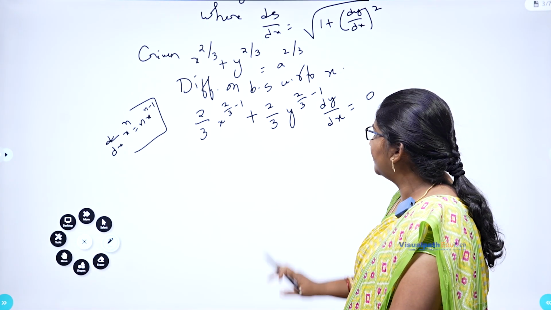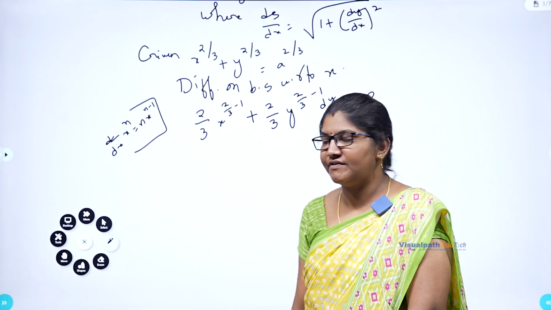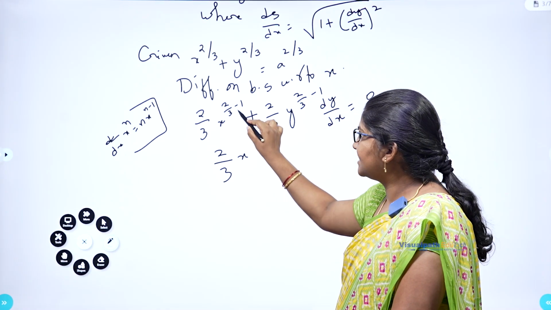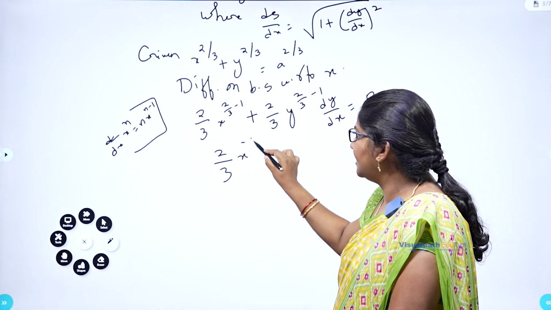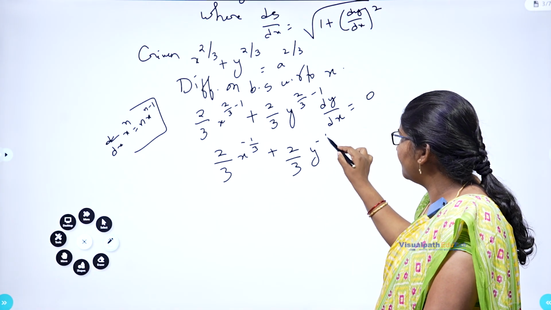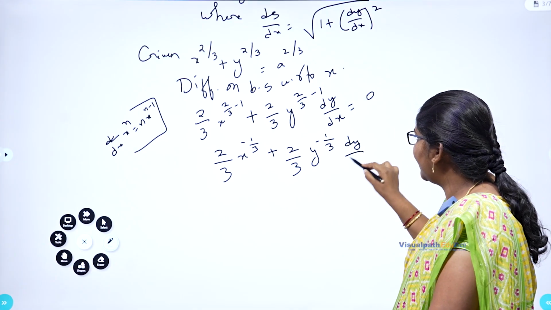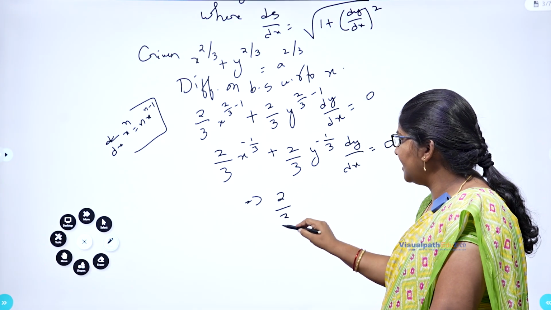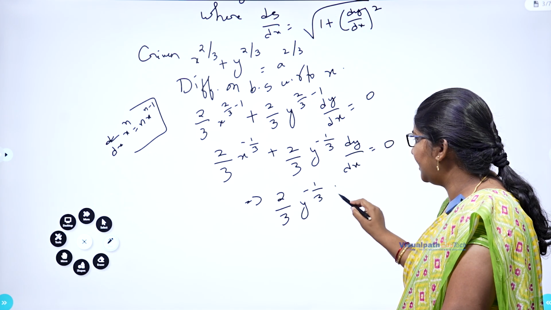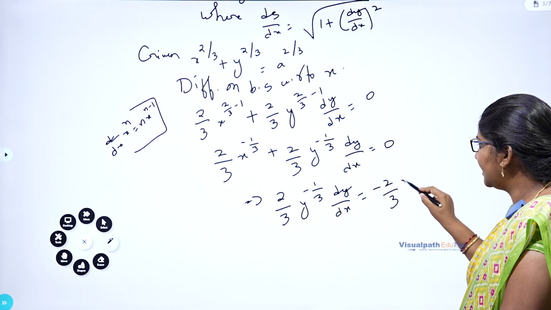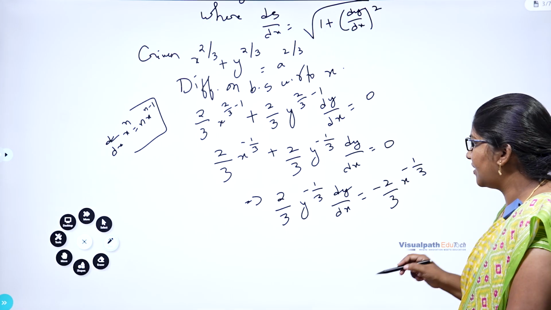Now, simplification should be done for dy by dx. 2 by 3 x power minus 1 by 3 plus 2 by 3 y power minus 1 by 3 dy by dx is equal to 0. So 2 by 3 y power minus 1 by 3 dy by dx is equal to minus 2 by 3 x power minus 1 by 3.